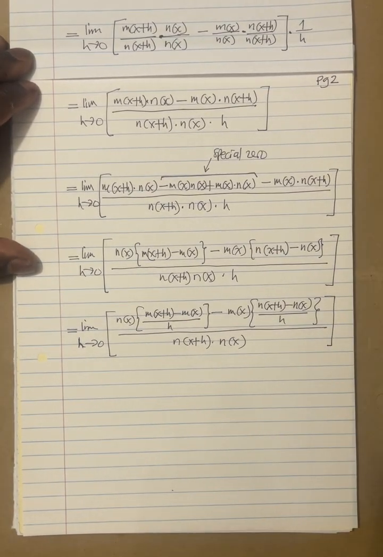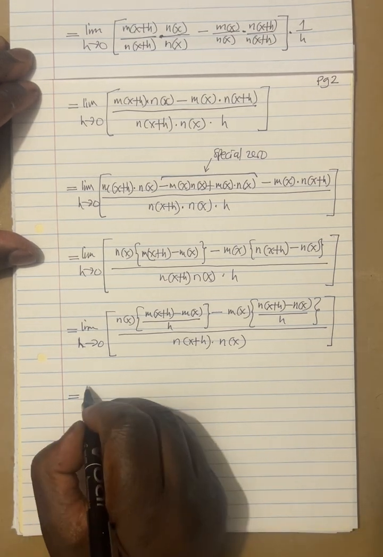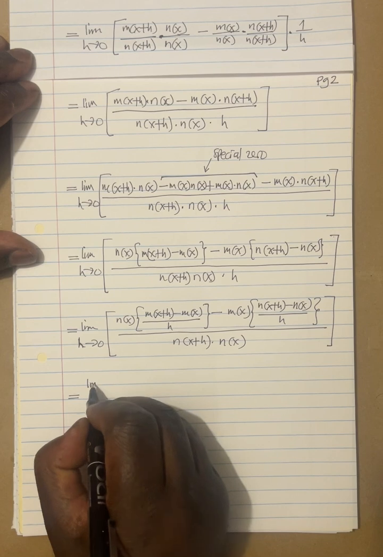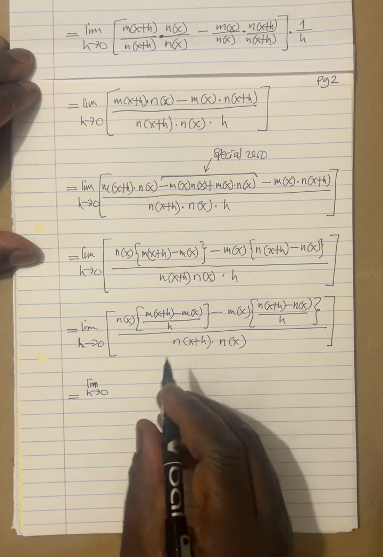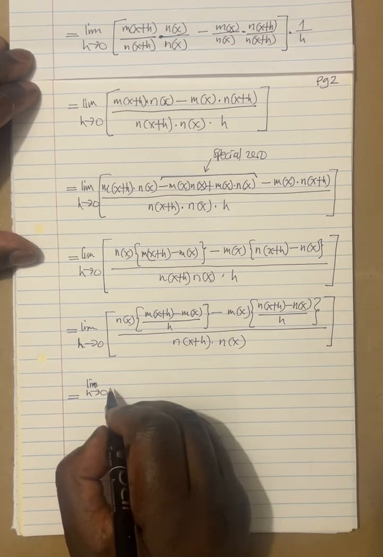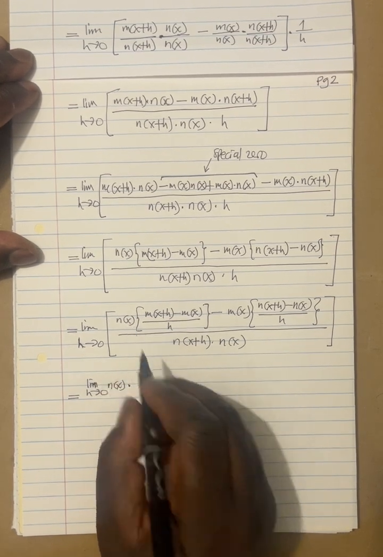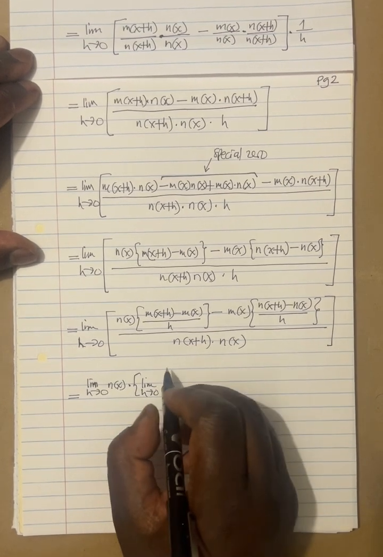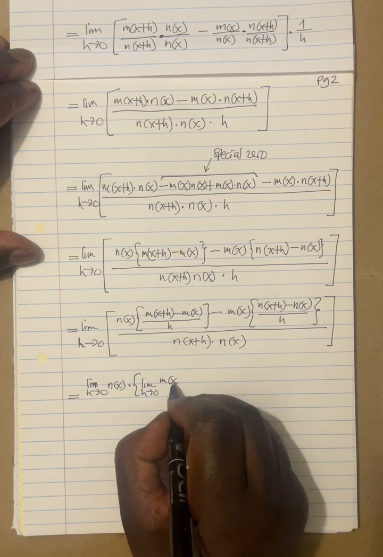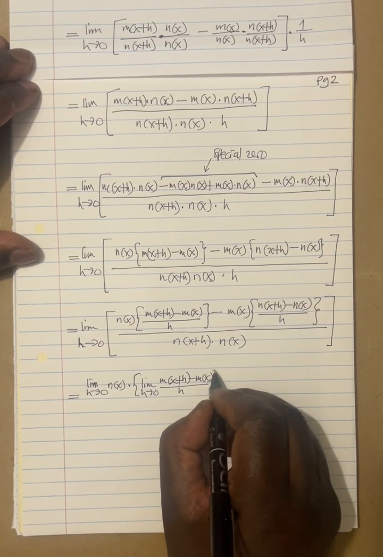Now is the time for me to take the limit in the numerator and in the denominator. So please take note of the property of limit. This is going to be limit as h approaches 0 of, going into the numerator, n of x times, curly brackets, limit as h approaches 0 of m of x plus h minus m of x all over h, like so.